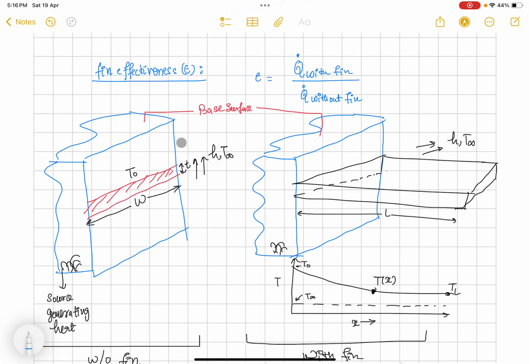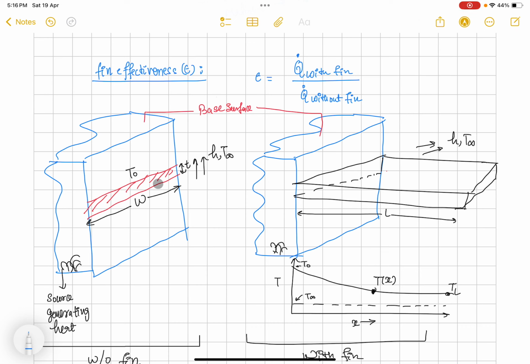So when there is no fin attached to it, for this particular area, and when a fin is attached to it on the right hand side, as we can see, of length L in the same convection conditions.